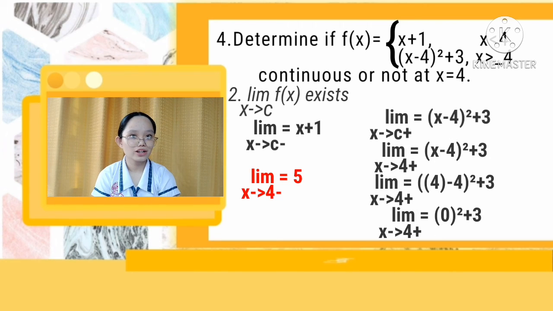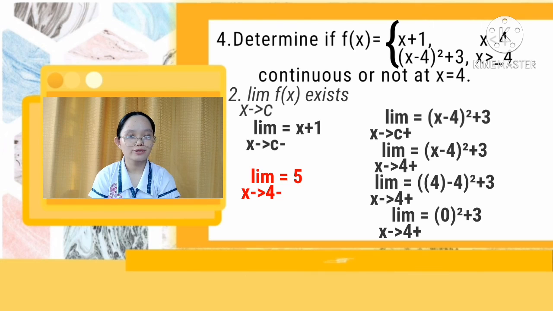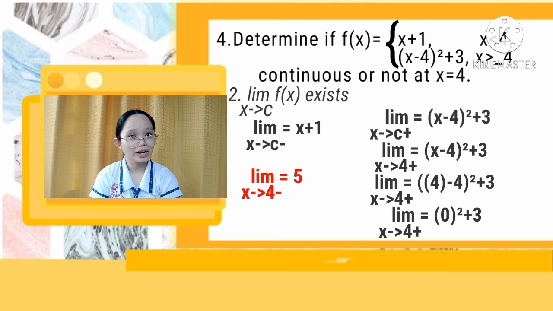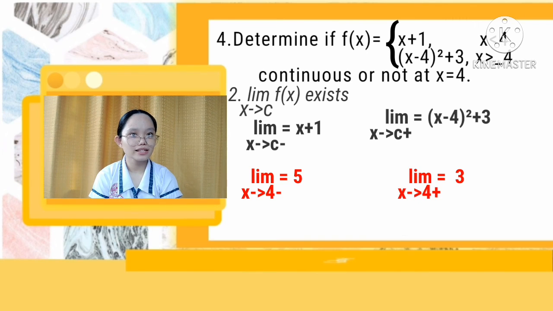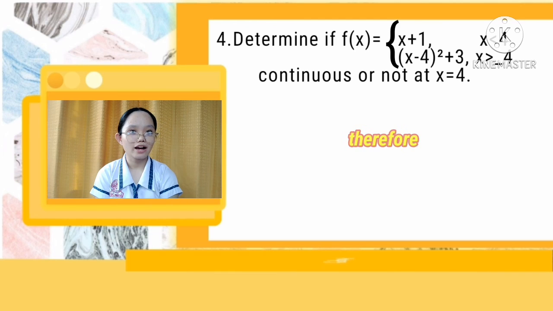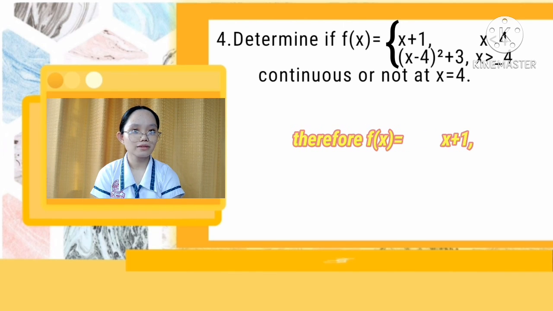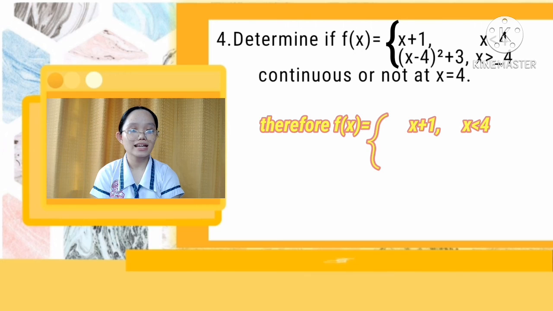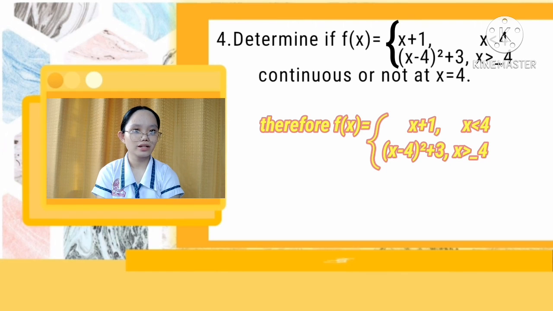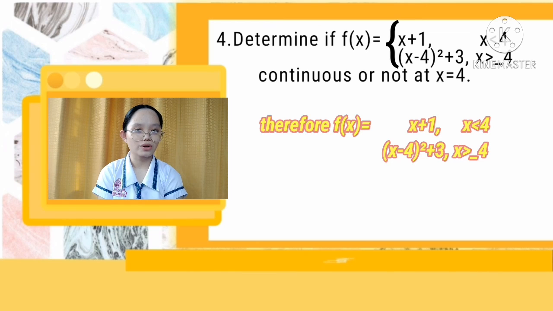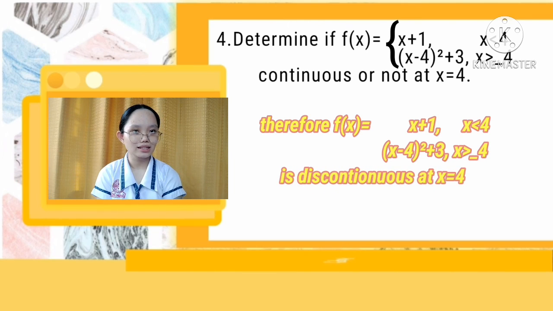While the limit of the quantity x minus 4 quantity squared plus 3 as x approaches 4 from the right side is 3. Therefore, f of x is discontinuous at x equal to 4.